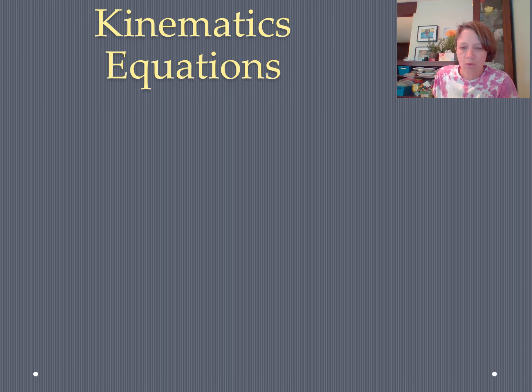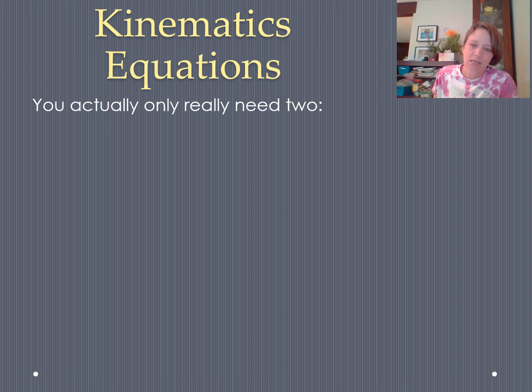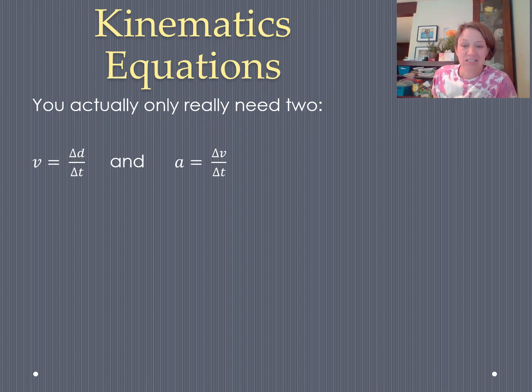Okay, so as far as equations that you'll see on your equation sheet that you might need to use or reference in this class, it's kind of a neat thing. You actually only need 2 equations if you really want to go back to the fundamentals of physics, and they are the definition of velocity, which is change in distance over time, and the definition of acceleration, which is a change in velocity over time.